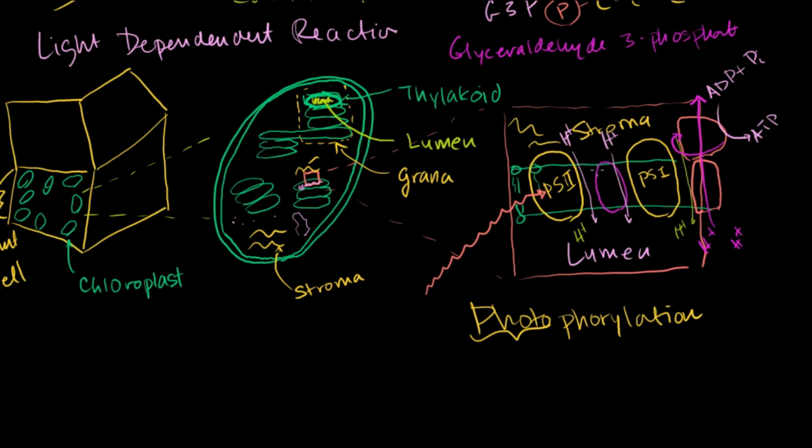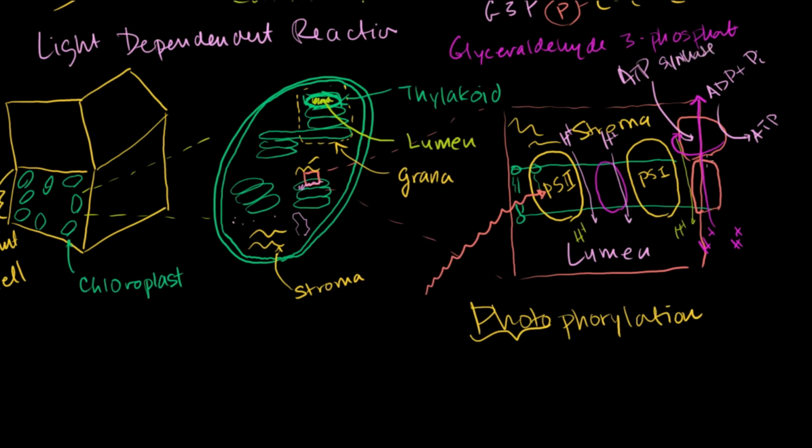As they go into lower energy states, that's used to drive pumps that allow hydrogen protons to go from the stroma to the lumen. Then the hydrogen protons want to go back. You could call it chemiosmosis. They want to go back into the stroma, and that drives ATP synthase. Right here, this is ATP synthase, which essentially jams together ADPs and phosphate groups to produce ATP.